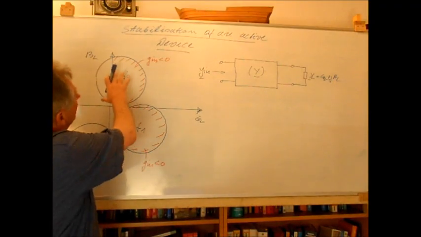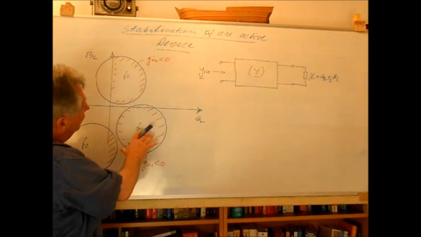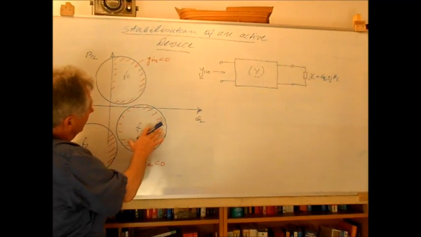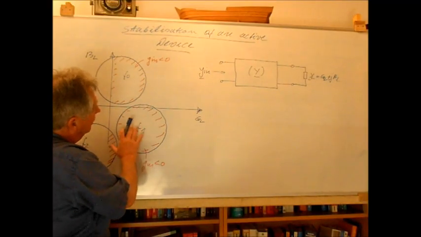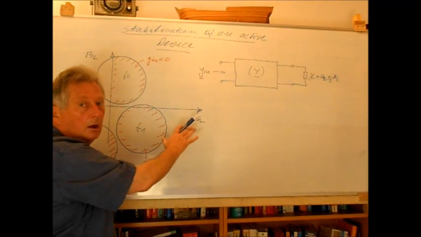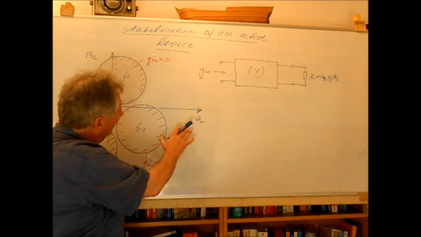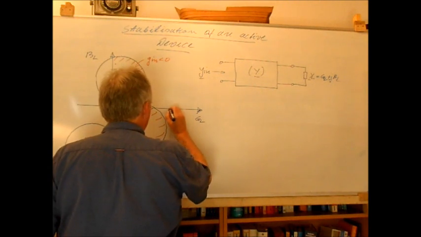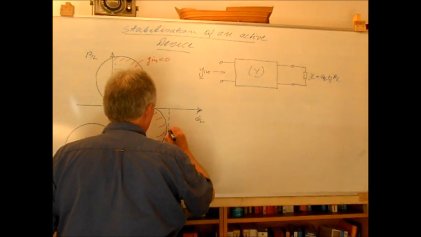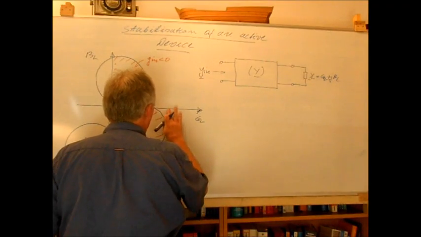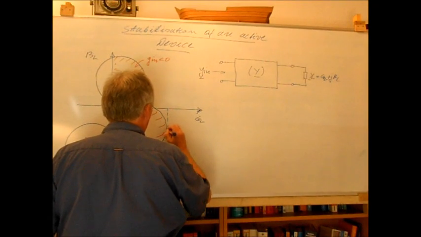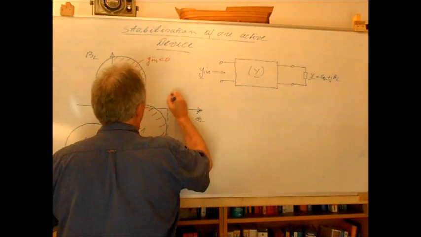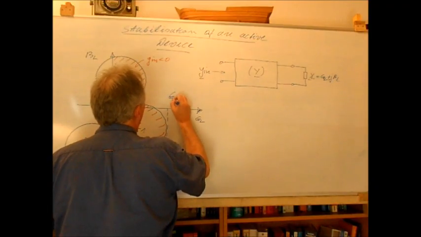So you see, the stability circles move, and there may, for example, be one certain frequency where it's farthest in the right half plane, and this will define a minimum load, GL min.